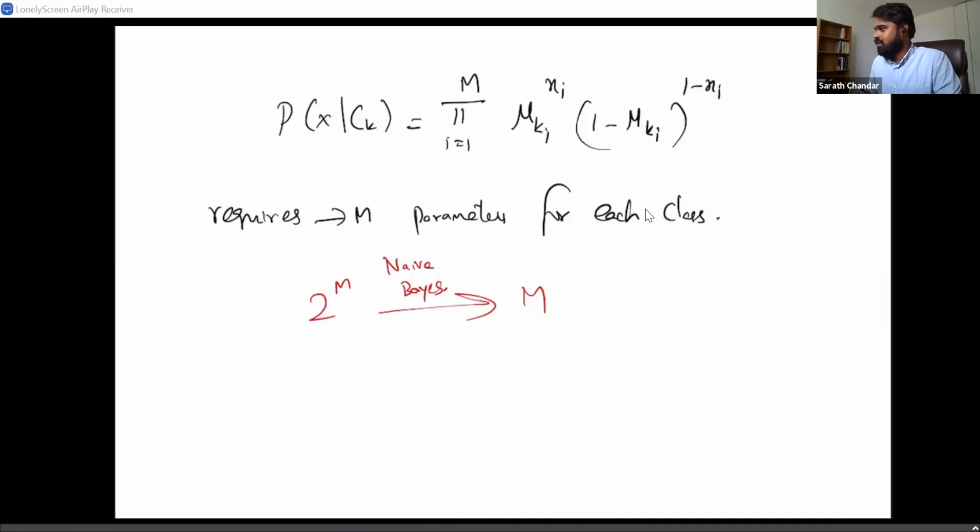Okay, can you be a bit more elaborate on the question? Yeah. So as I said, it's a very strong assumption, but in practice, it works very well for several reasons. Again, there are situations where it is the only viable solution, because in the discrete setting, you don't want to have 2^m parameters.